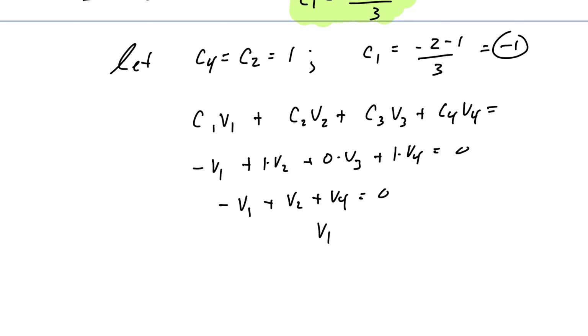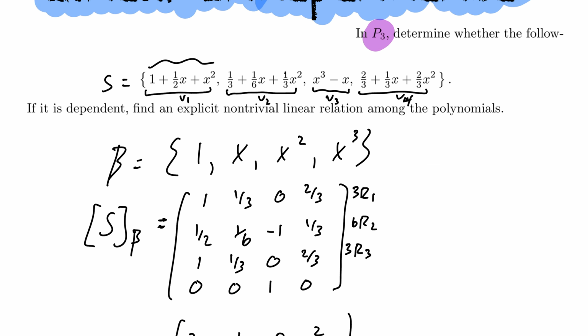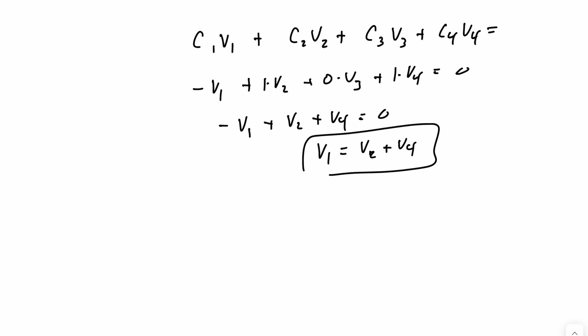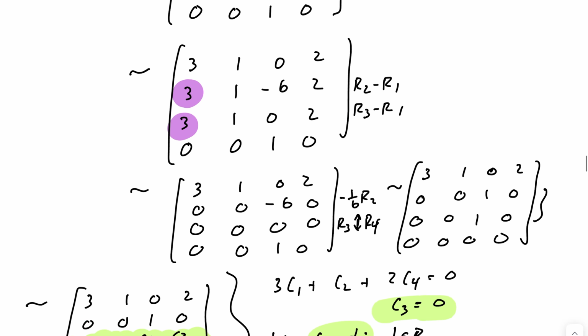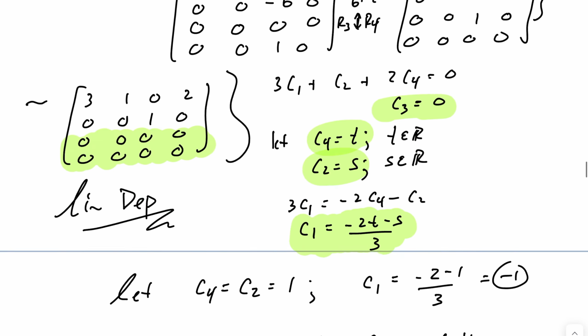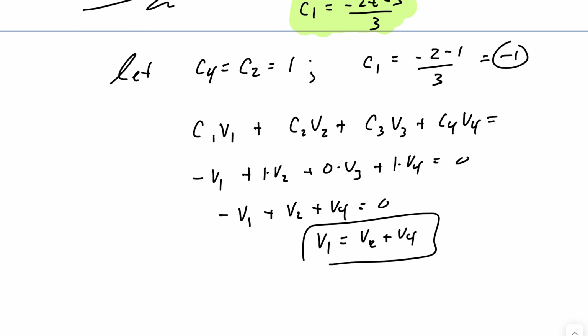So V1 is just equal to V2 plus V4. You can verify that yourself: if you take V1, you'll see it's equal to V2 plus V4 together. That is one possible combination.